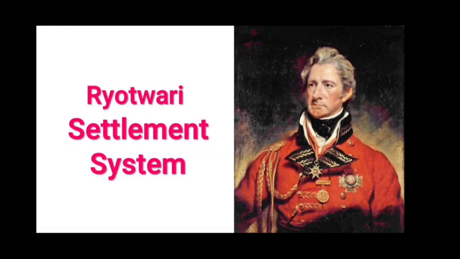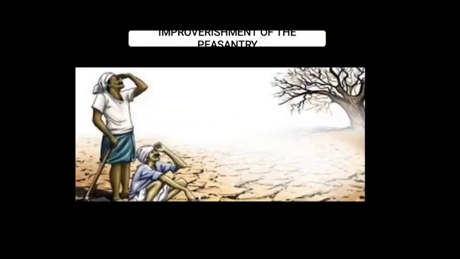In the Riot system, it is directly the British and the peasants. If the person pays, then he is lucky enough, he can grow whatever he wants. But if a person does not pay on time, then his land will be directly taken by the British.